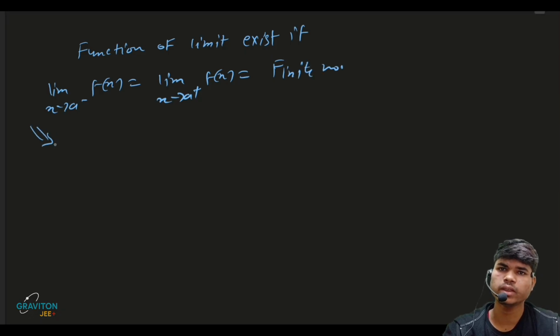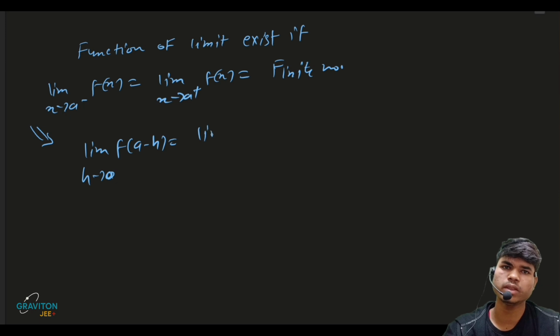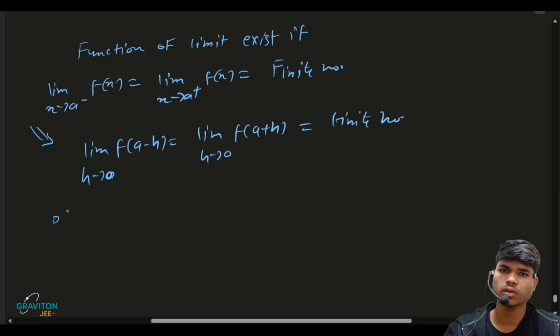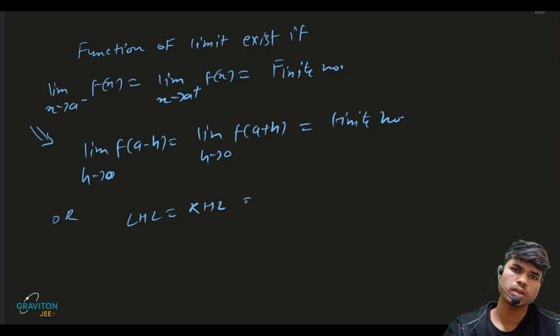Also we can write this as limit h tends to 0 f of a minus h equals limit h tends to 0 f of a plus h equals a finite number, or LHL equals RHL equals a finite number.